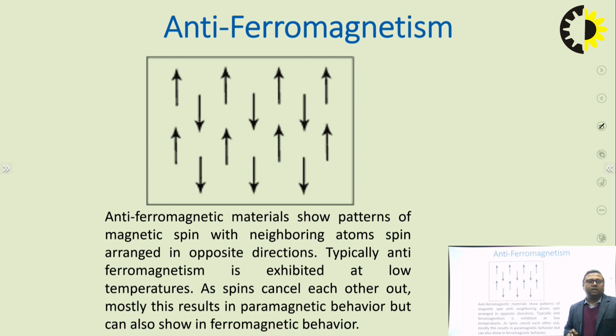That's why antiferromagnetism is exhibited at very low temperature, and since the spins are opposite in nature, they generally cancel out. As the spins cancel each other out, this mostly results in paramagnetic behavior, but can also show ferromagnetic behavior.